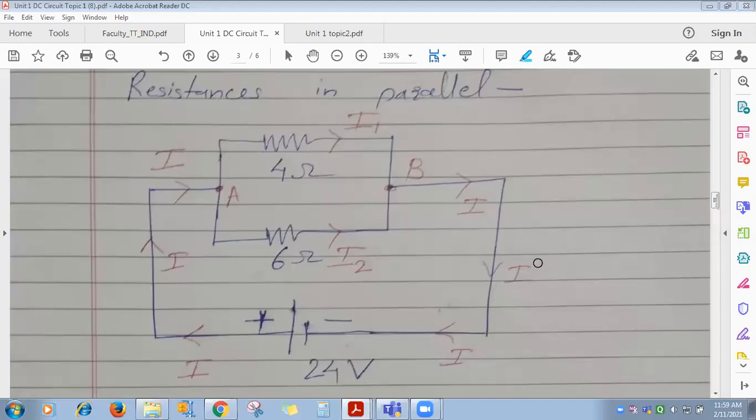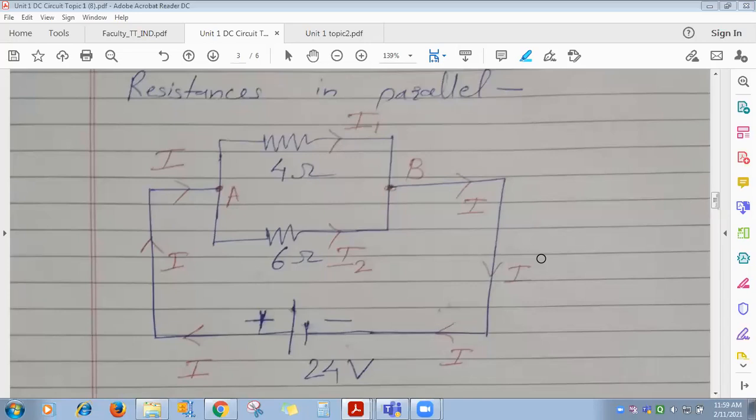Next, parallel connected resistances. Some students can't even correctly identify whether the resistances are connected in parallel or not. Even if they are not in parallel, students say they are in parallel and then solve. You will get 0 marks for that. Because in electrical engineering, if your final answer is correct and all steps are mentioned, then only you will get full marks.